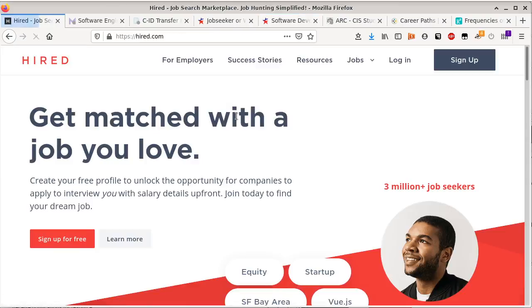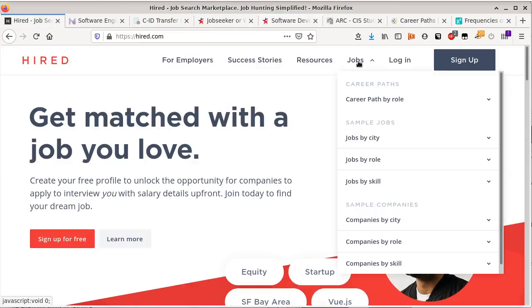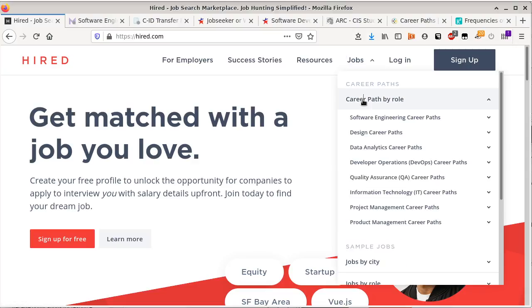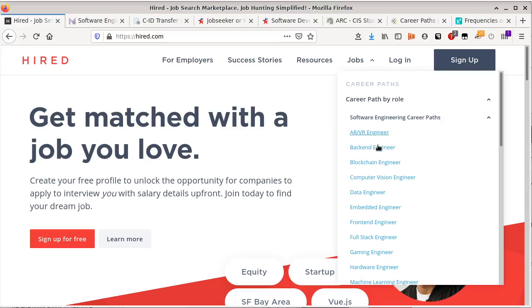That's why we go to hired.com, where we can go to jobs, career paths by role, and then software engineering career paths, and it shows a lot of subcategories of software engineers. In terms of web stuff, we got full stack. In terms of gaming, we got gaming engineer.